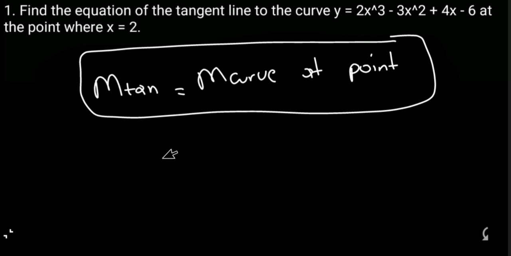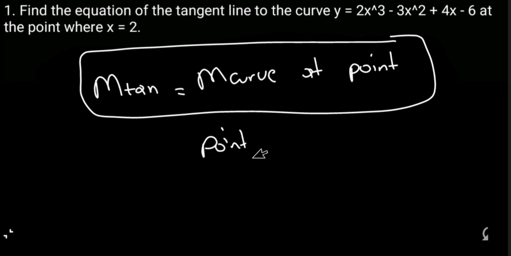So, a tangent is similar to other straight lines. However, a tangent is very special because it touches the curve at only one point. When determining the equation of the tangent, you're going to need a point.